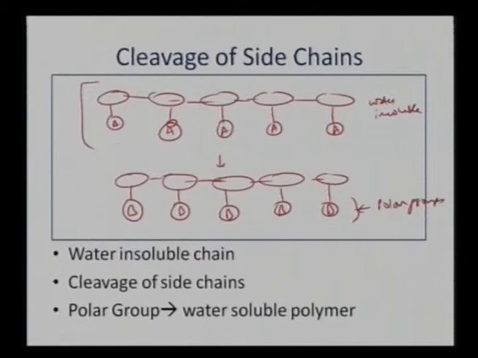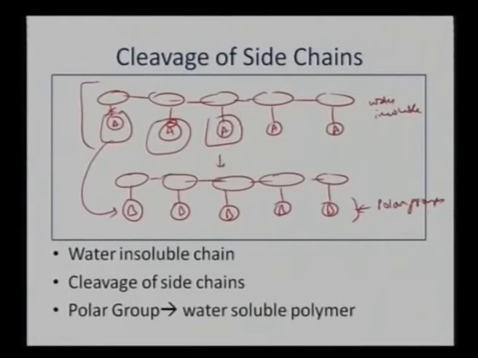So initially we had a water insoluble polymeric chain, and now, because of the cleavage of the side groups, or maybe some transformation of these side groups or side chains into charged polar chains, in this particular case we have A transforming to B. So the overall backbone remains the same, but the side groups are cleaved, and they result in a polarity or some sort of a charged or polar region, which makes it water soluble.